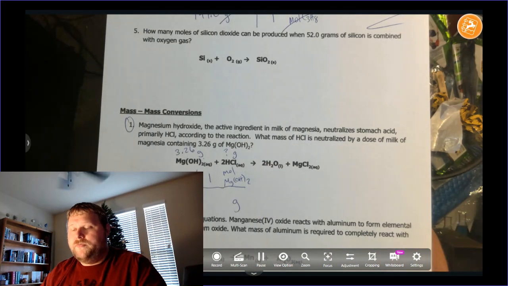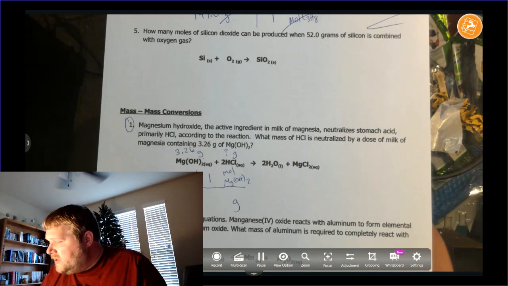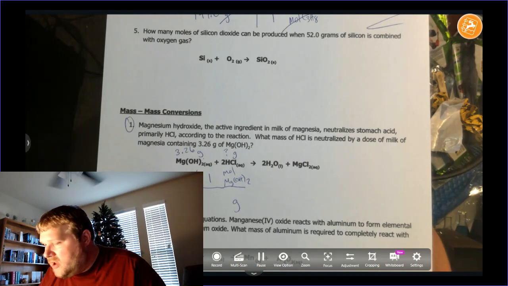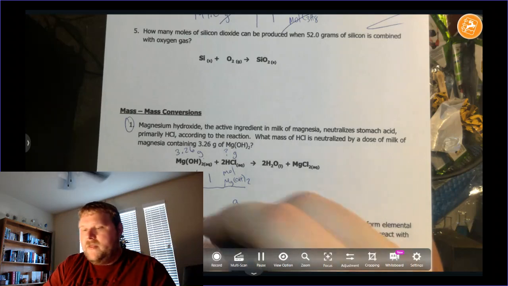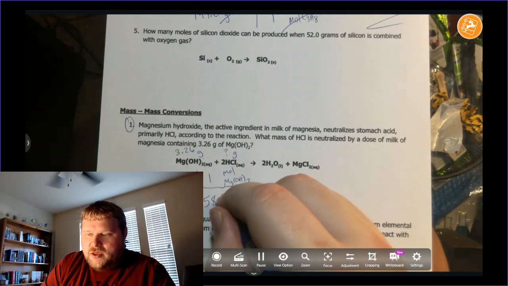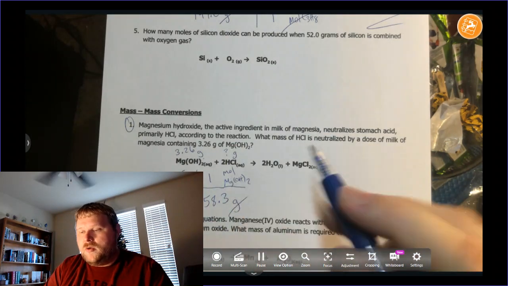So 1 mole. All right, we got to add this up. So back to the periodic table, I got 1 magnesium atom, 24.3, plus 2 oxygens, so 16 plus 16, and then 2 hydrogens, so 1 plus 1. 58.3 is the molar mass. So that's my prep. Now I'm in moles.